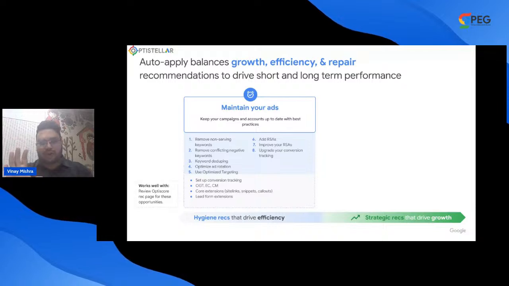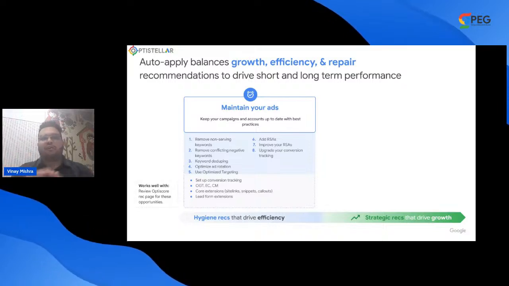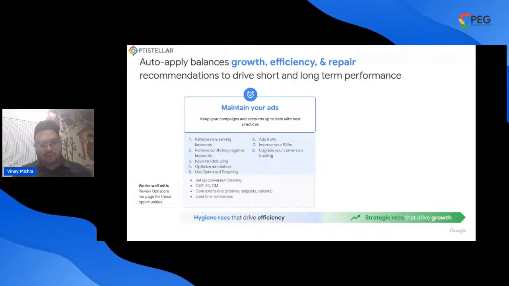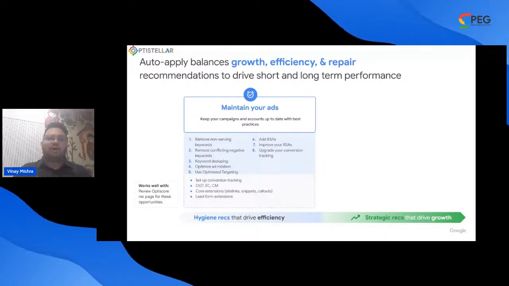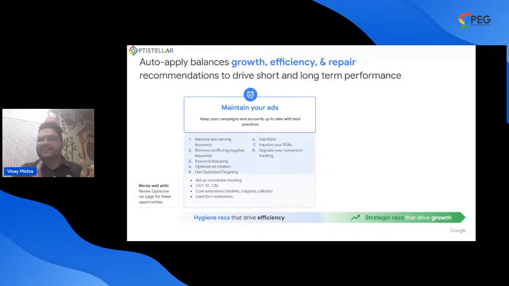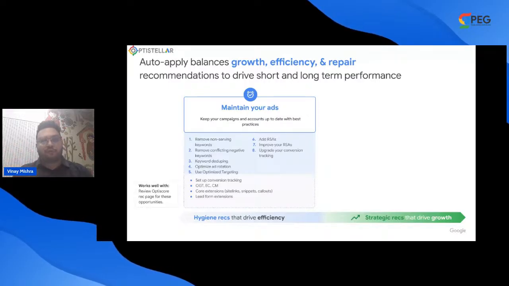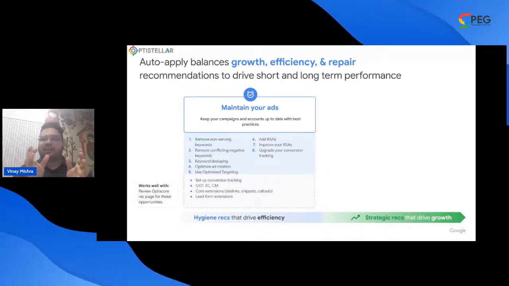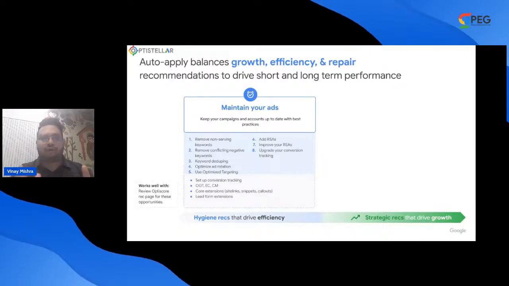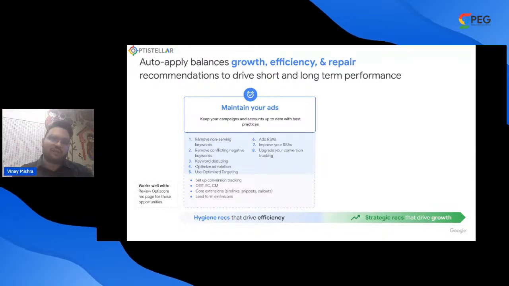These budget or bid recommendations are usually given when you're missing out on traffic. Let's say if there are 100 people searching for your ads and you're missing out on 5 to 10% of this traffic, that's when AI systems and algorithms will understand that, hey, look, there is a scope of improvement for this particular advertiser, and that's when the recommendations are sent to you to ensure that you're not missing out on that 5 to 10% of the traffic.